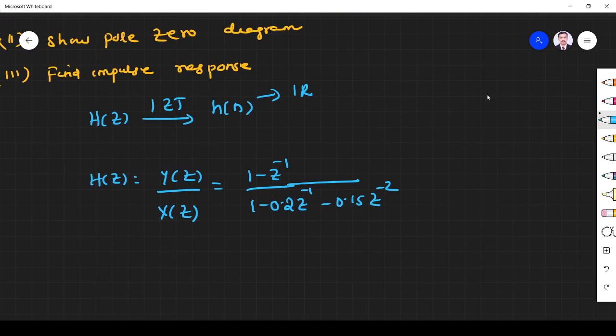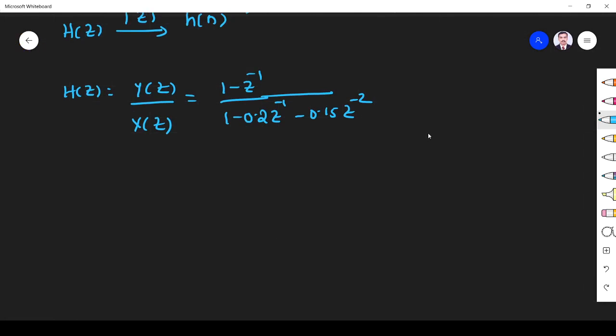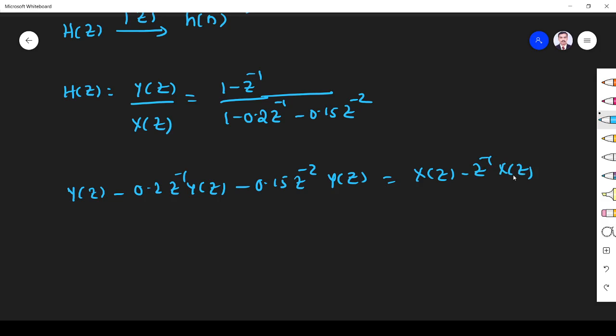From this, let us take cross multiplication. So it will be Y of z, and bringing this side, Y of z minus 0.2 z inverse Y of z minus 0.5 z power minus 2 Y of z is equal to X of z minus z inverse X of z.